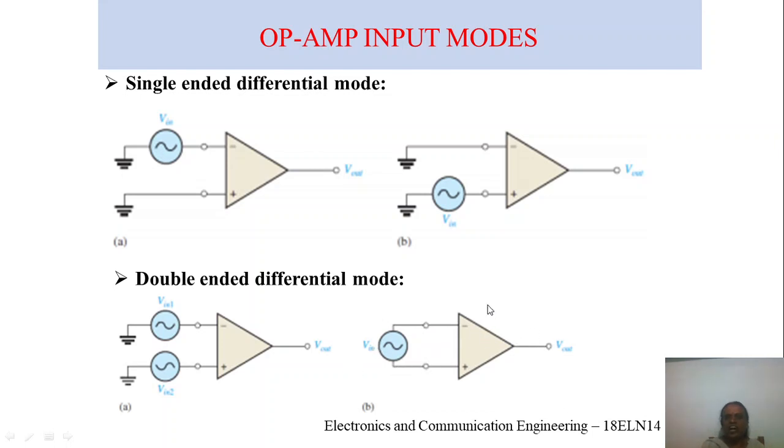Okay, I can either connect this way or that way. So the takeaway here is that the input and the output signals will be in phase for the non-inverting input. The word itself represents it's non-inverting.